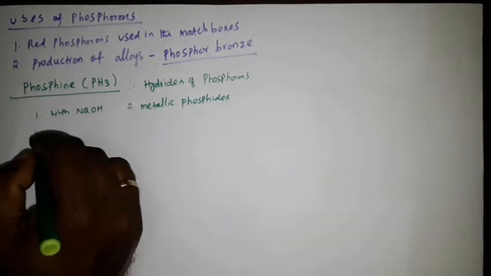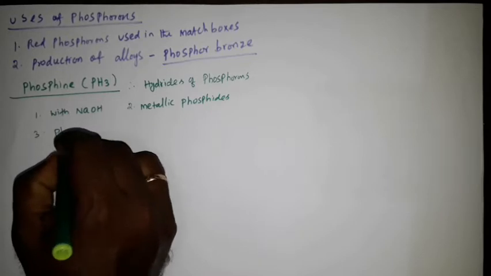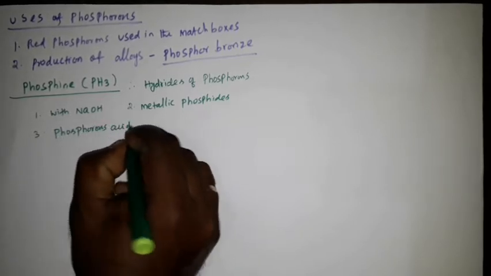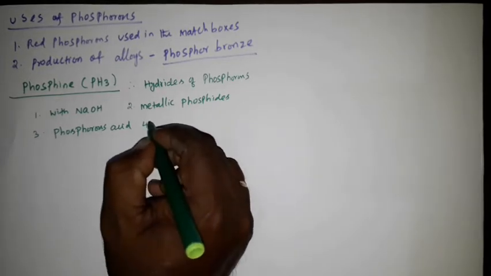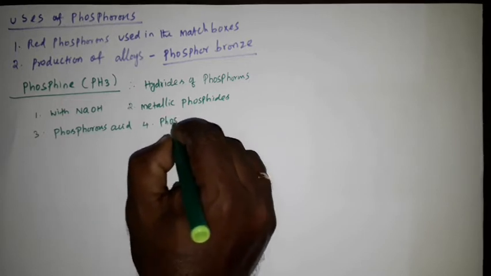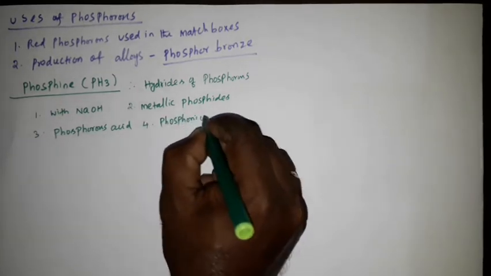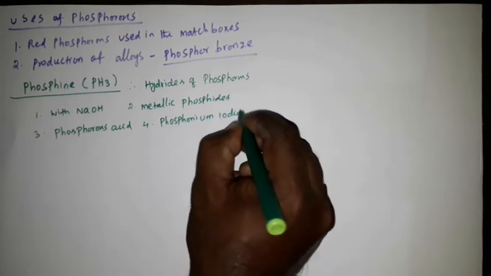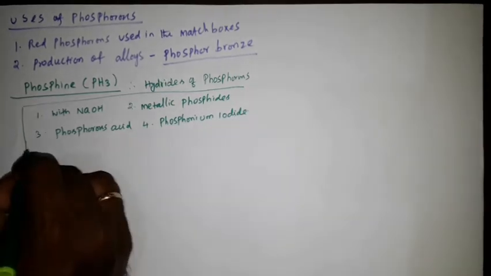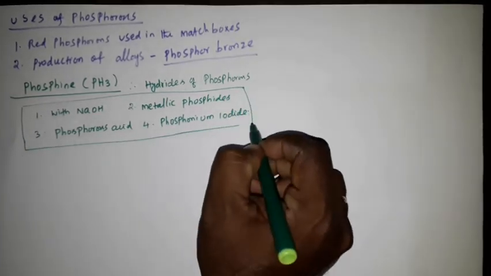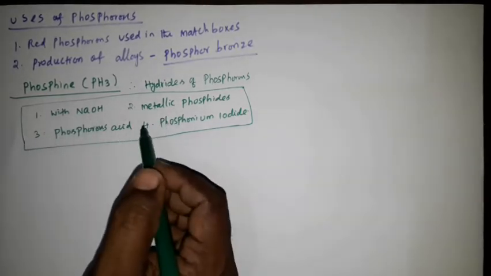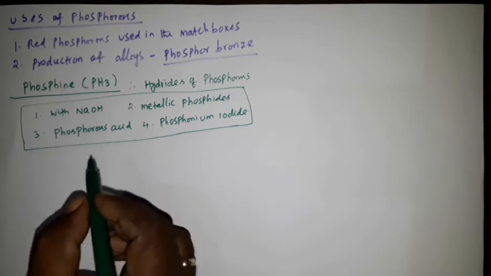The third is phosphorus acid. The fourth is phosphonium iodide. These are the four important materials from which we prepare phosphine. From all four reactions we get pure phosphine.